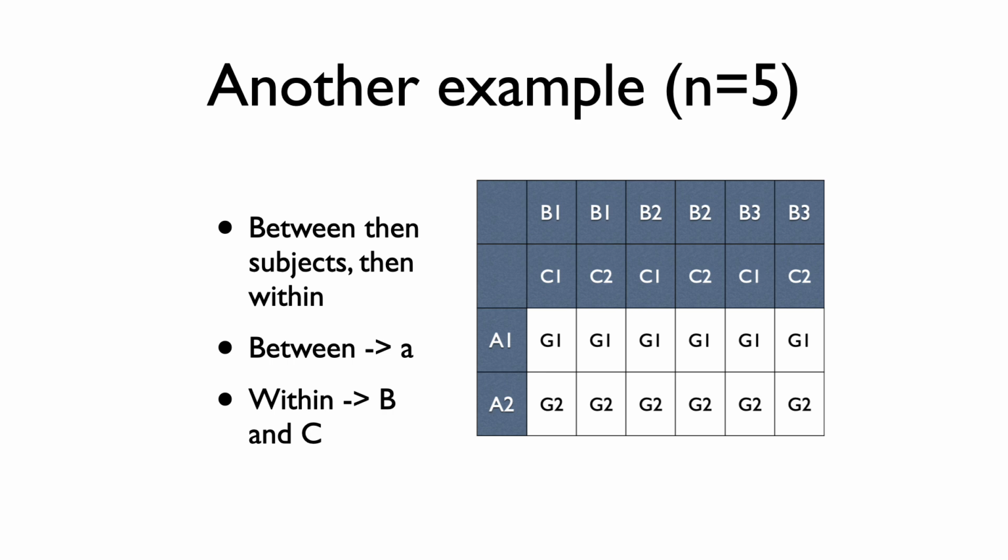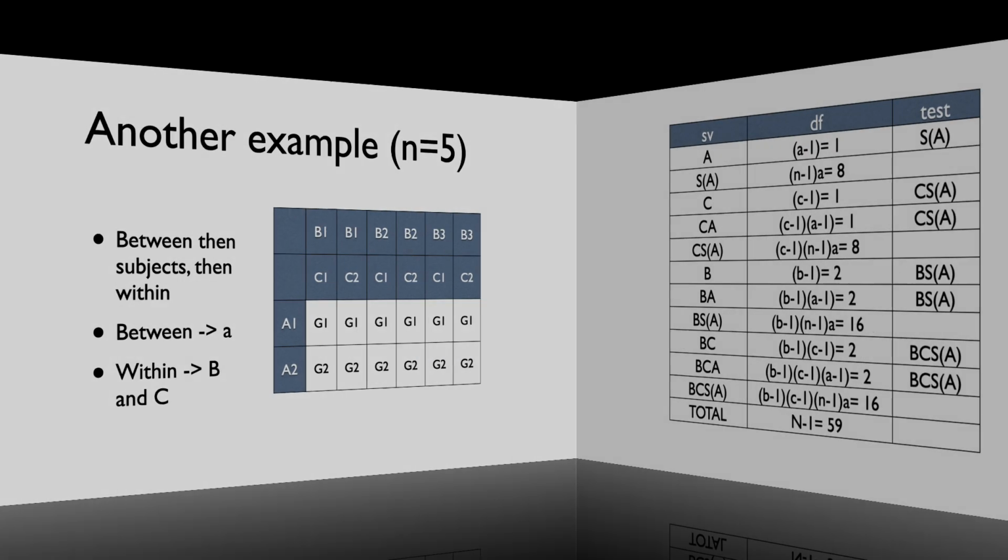So we know then that our first couple of lines of our source of variation degrees of freedom table is going to be A, S within A, because A is the only between subjects variable, then you list the subjects. So far, questions? Are we good so far? I know it's a little weird. Okay. So it looks like that.